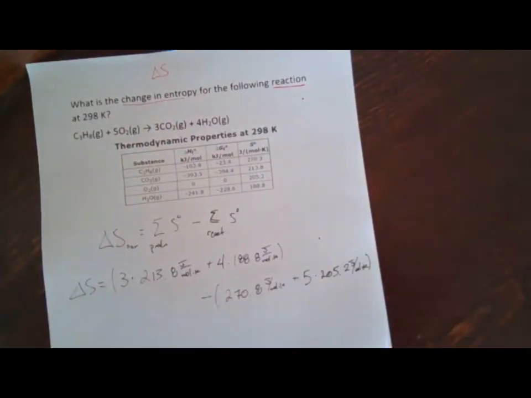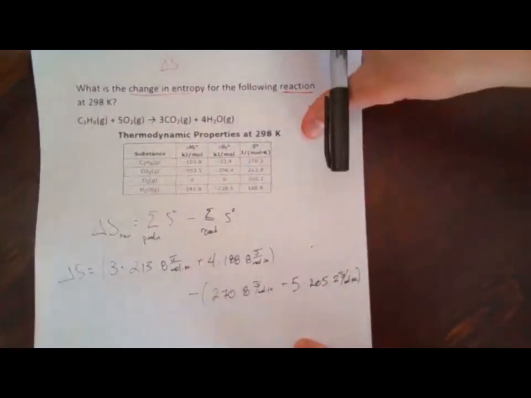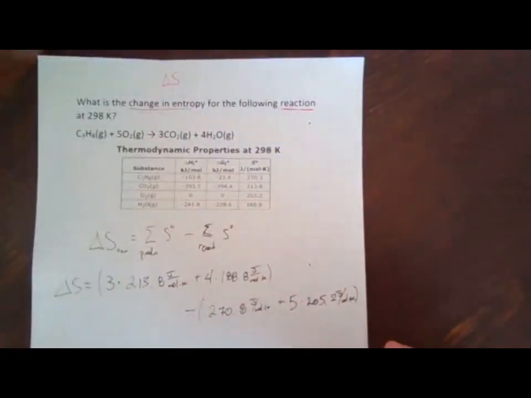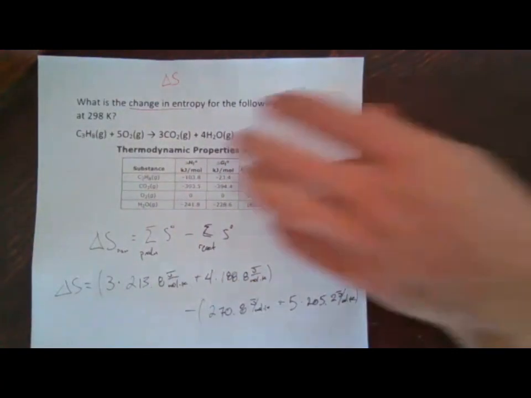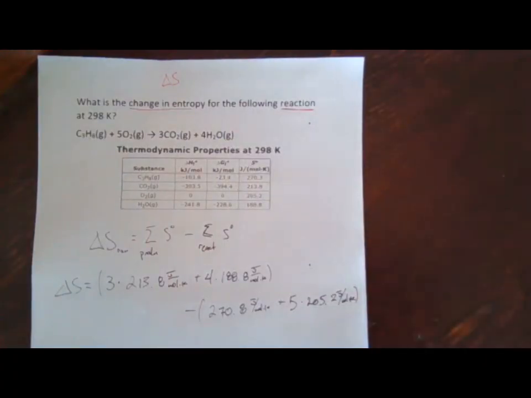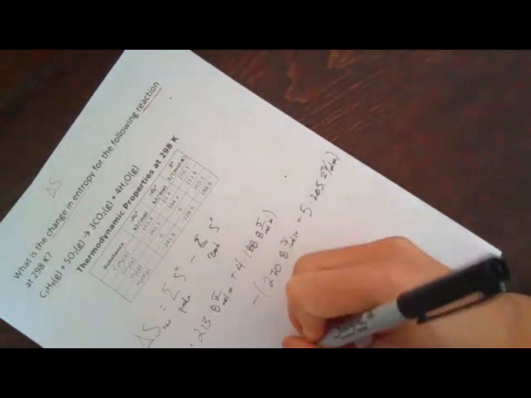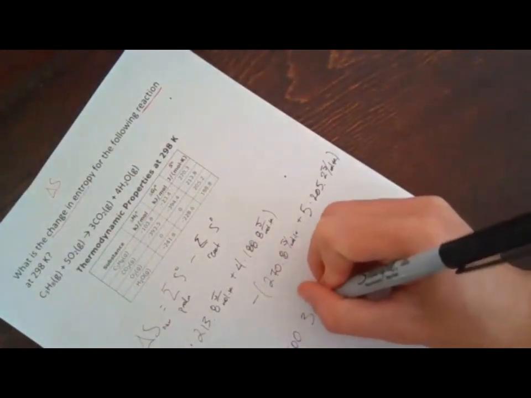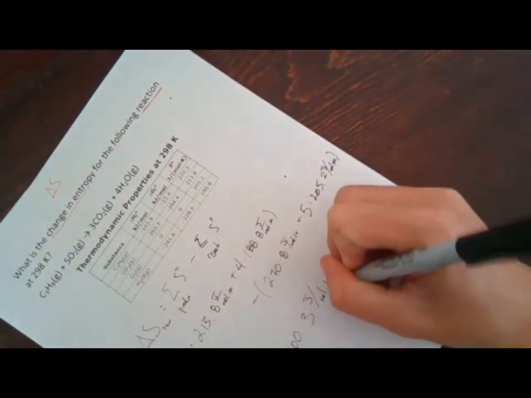We want to find all of that reference information, arrange it, plug it in, and then it's just a matter of doing the arithmetic, and we get that delta S is equal to 100.3 joules per mole Kelvin.